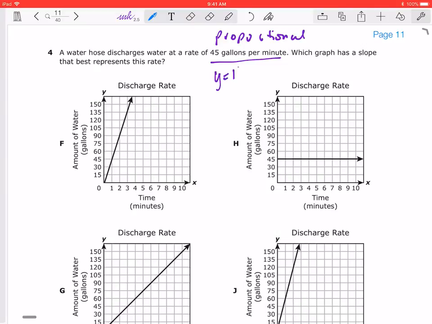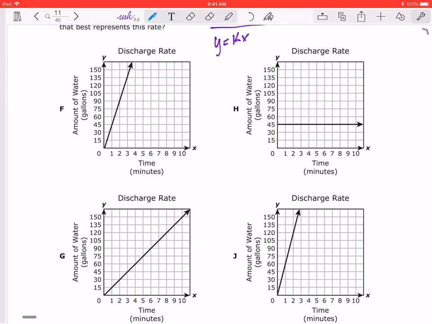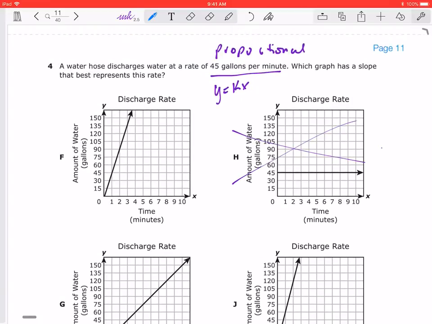So this is essentially y is equal to kx. So that means that it's going to go through the origin. So we can discount h, because h does not start at the origin. That also means that our k is equal to 45, or we can say m is equal to 45.